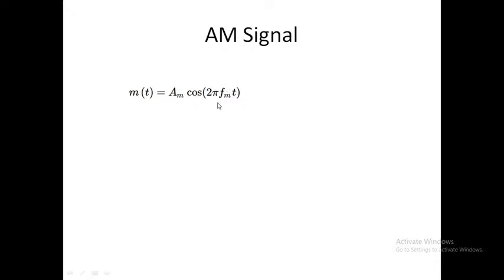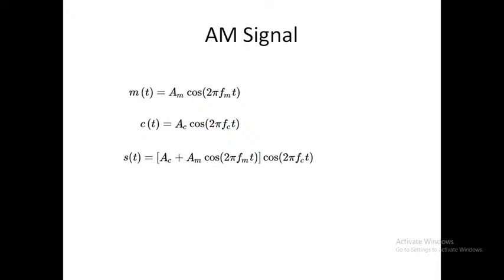The second one is the carrier signal, which has another amplitude denoted as Ac, and the frequency of the carrier is denoted as fc. After that we can think about how we can write the equation of AM and how we can implement that using one simple Python code.